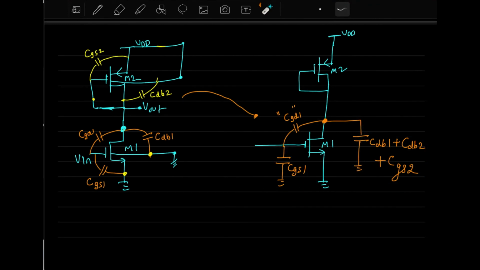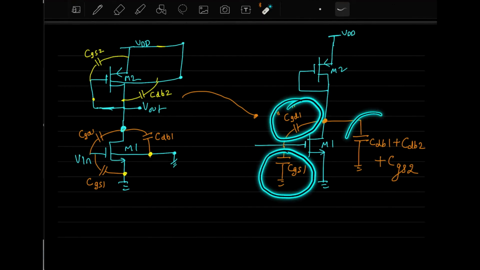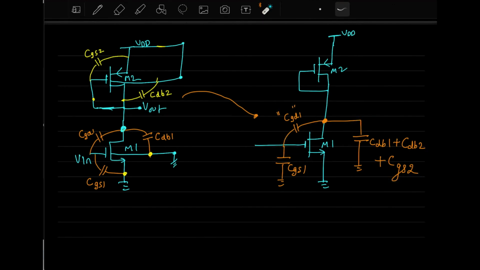You can see how we have taken all these capacitances and seen that these capacitors are short, these are open, and how we can make it like this. So now we can see that there are three main capacitances which are responsible for high frequency behavior. These capacitances are responsible for reducing the gain at high frequency because they are the internal capacitances.